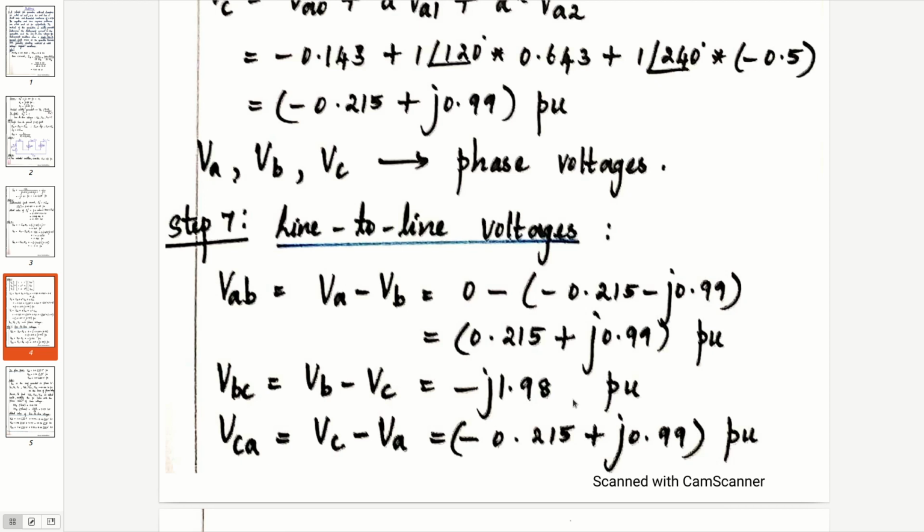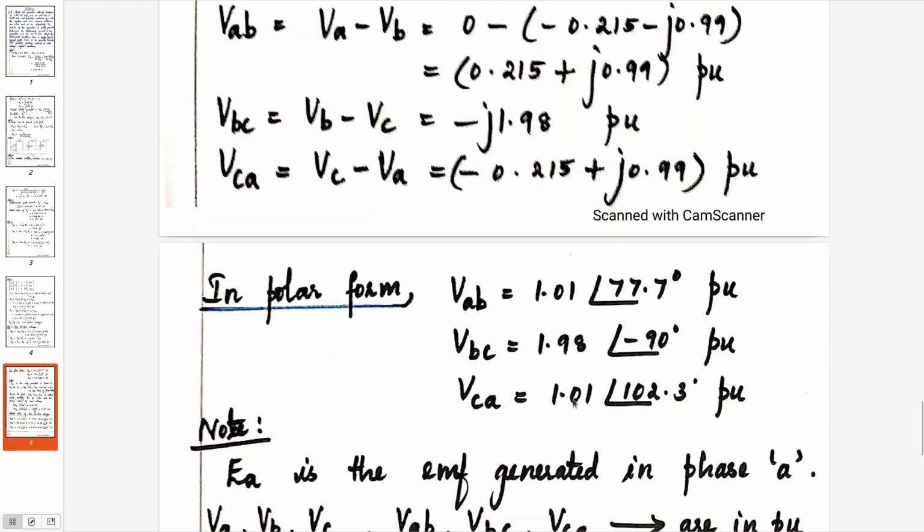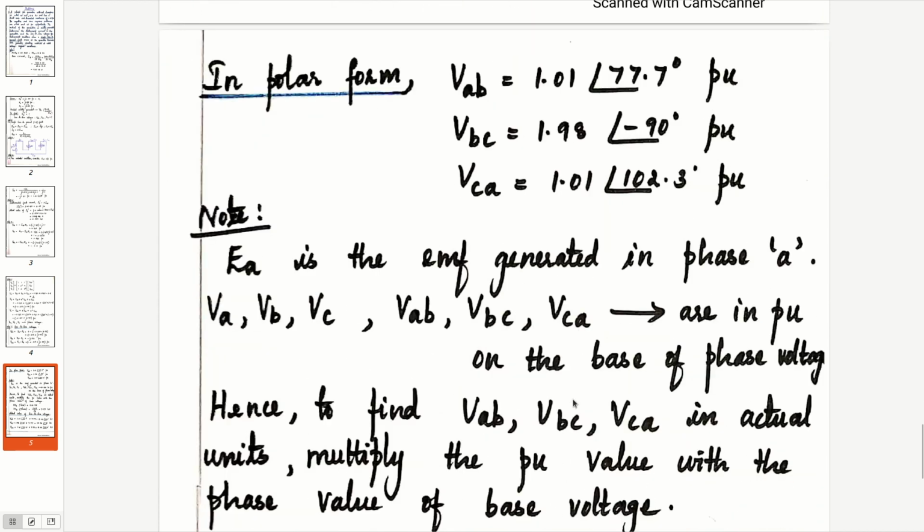Next, to convert these per unit values into actual units, I am writing the line to line voltages in polar form. These are the line to line voltages. Now let us see the steps for converting them into actual units.